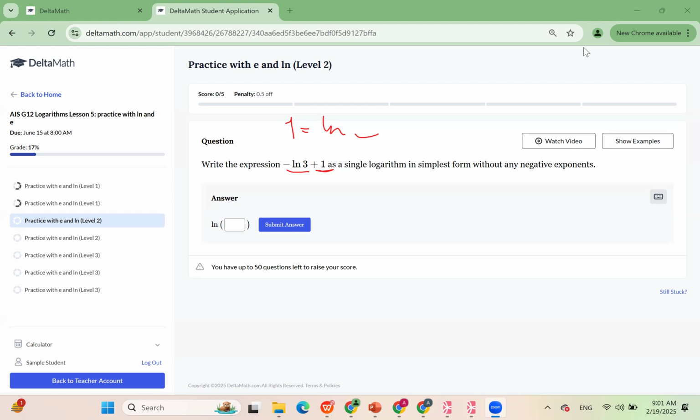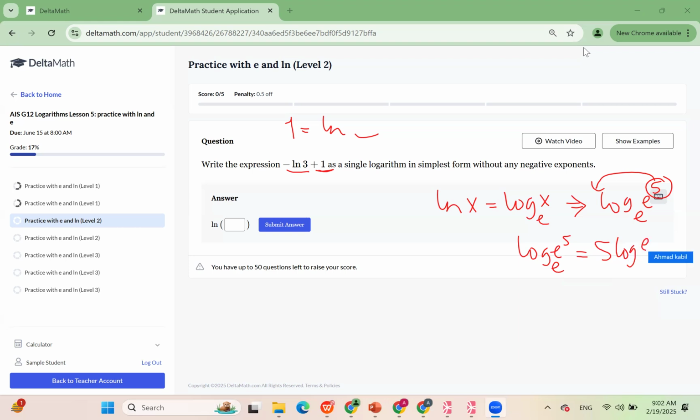You should know that ln x is the same as log x base e. So if we want to get rid of the log, we can write this as log base e of e to the power of something. If we write e power 5, for example, then we can take this 5 outside, and log of e power 5 base e becomes 5 log e base e, which is the same as 5.